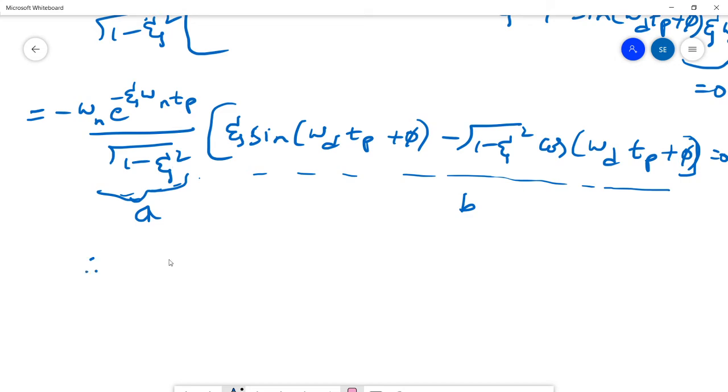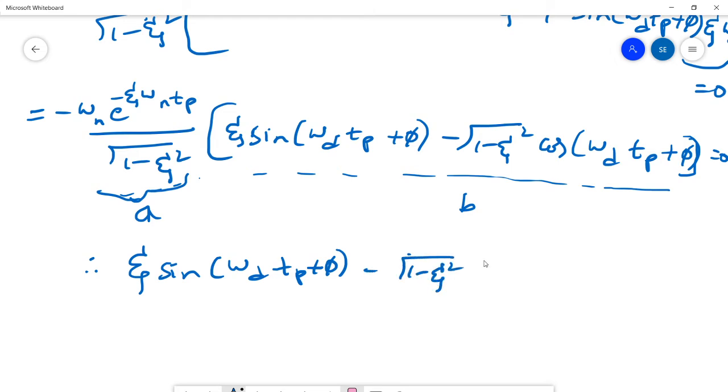Therefore zeta sine omega d tp plus phi minus root of 1 minus zeta square cos of omega d tp plus phi is equal to 0. We'll take this as expression a.